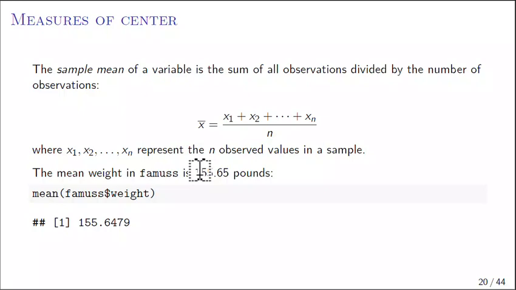Go back and check, because you already have your R ready. In R, to get the mean is very easy. You just use the function mean to get the average as 155.6479 pounds. So it's about 156 pounds. That's the average.